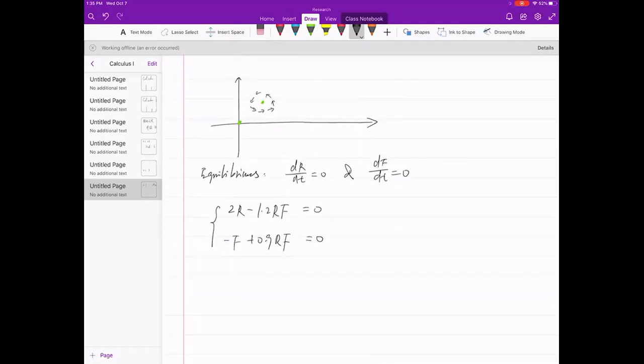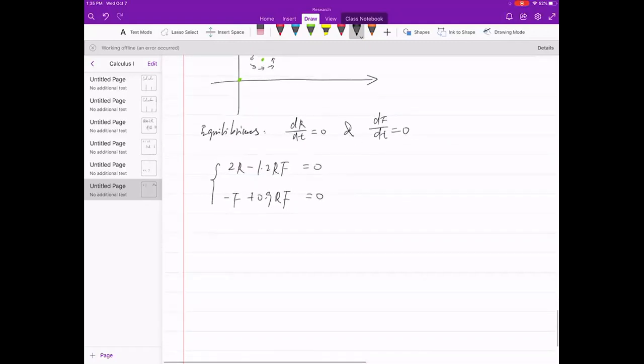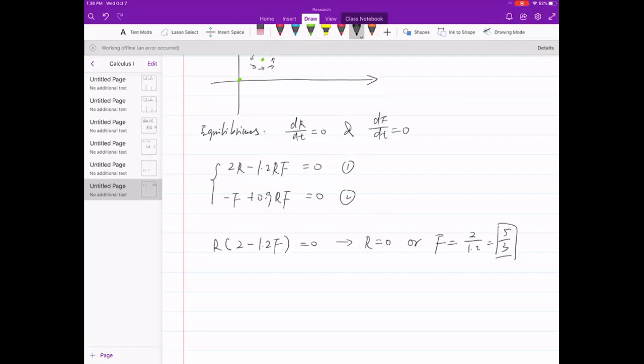Let's go ahead and solve it, which is not too hard in this case. Let's take this first one. We can factor out r. This implies r equals 0, or f equals 2 over 1.2, which is 5 over 3. Okay.